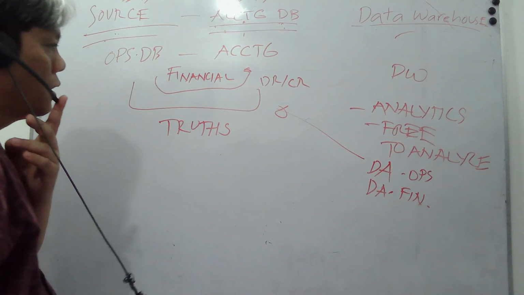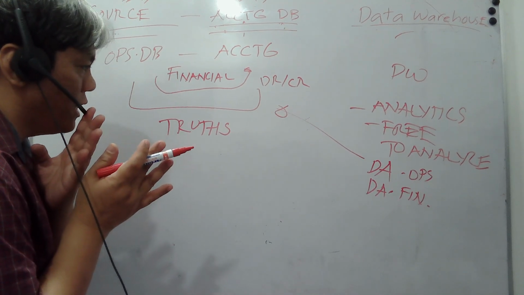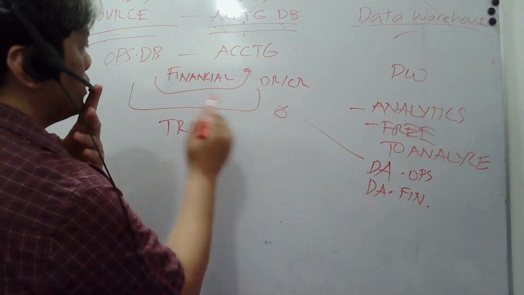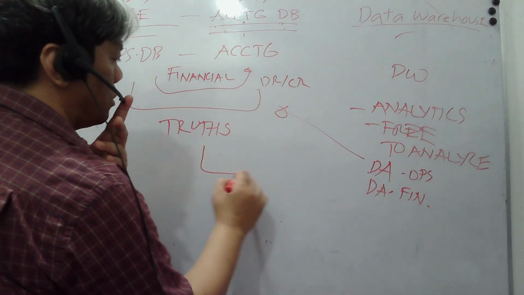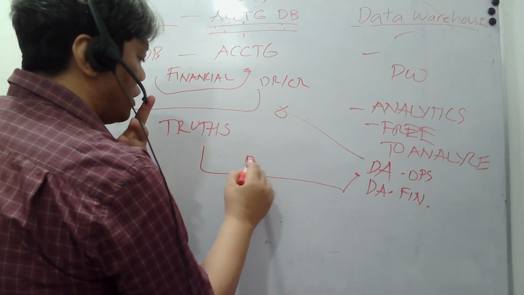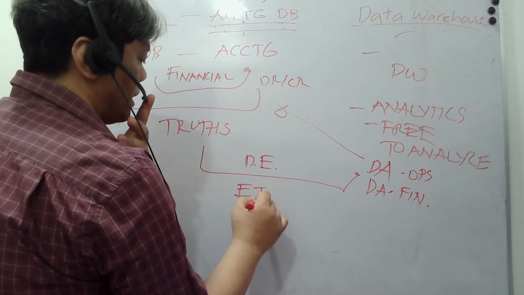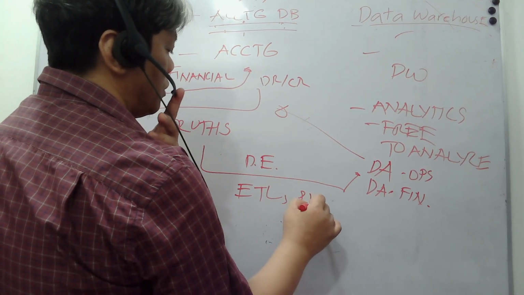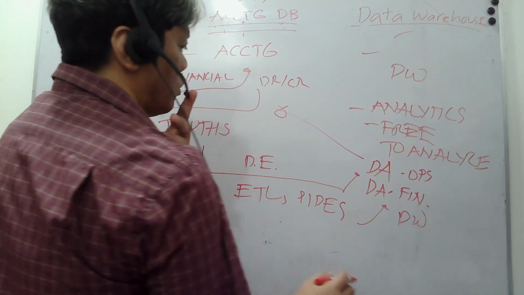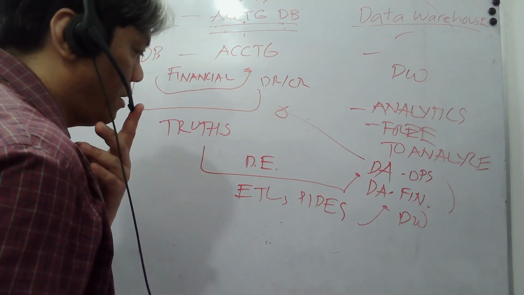What's common between these two is that we now have the data warehouse, right? So data engineers would engineer pipelines, ETLs, what have you, and load this into the data warehouse where you can do your data analytics thing.